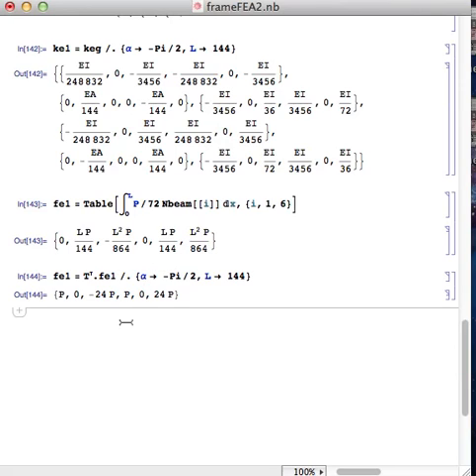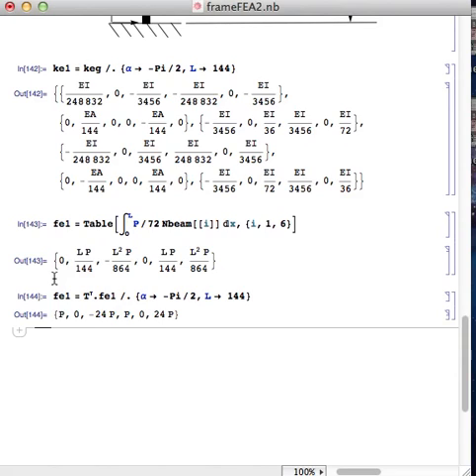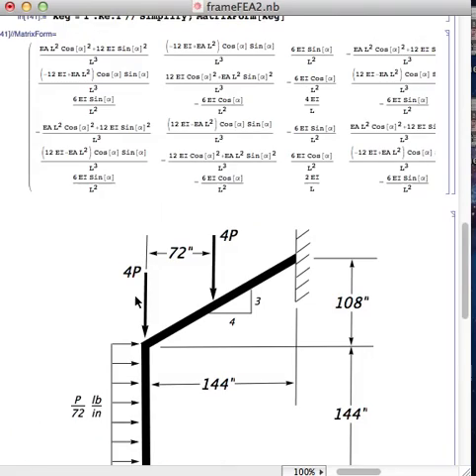Okay. So now this is the element force vector in the global coordinate system. So if you notice now, I haven't applied this load.